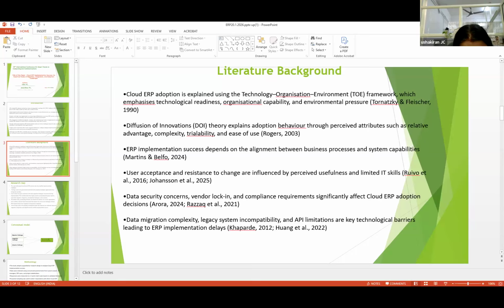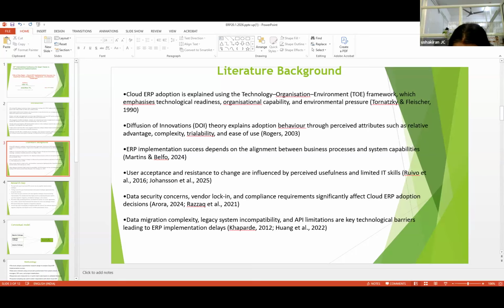When we see the literature background, most of the literature highlights that ERP success depends upon the alignment between business processes and system capability. A few studies also focused on user resistance, which is influenced by perceived usefulness and limited IT skills.